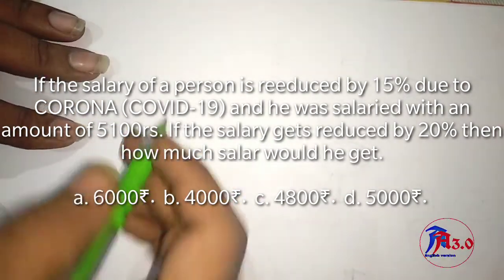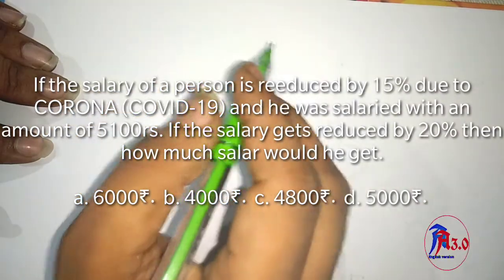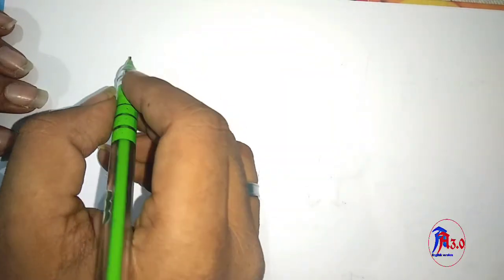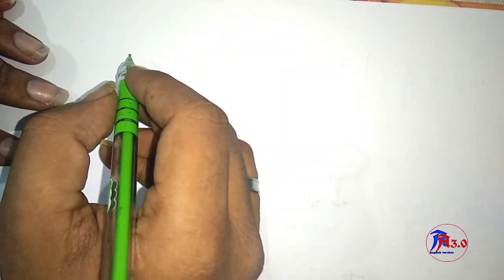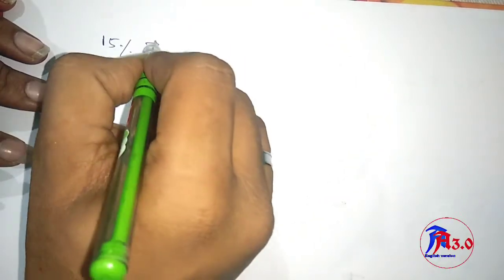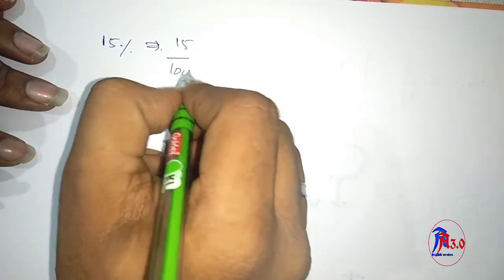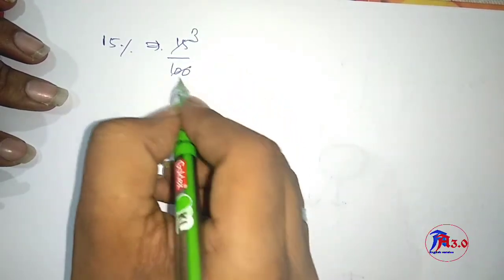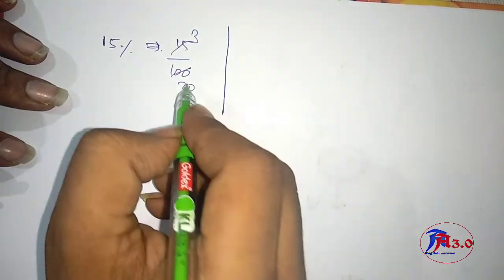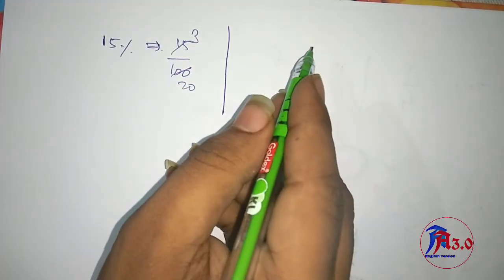Same type of question. So here see, let us try to solve this question. How much percent is deducted? Deduction is 15 percentage of the salary. So what is the fraction value of 15 percentage? 15 upon 100, that is 3 upon 20. I am taking these fraction values in ratio form.